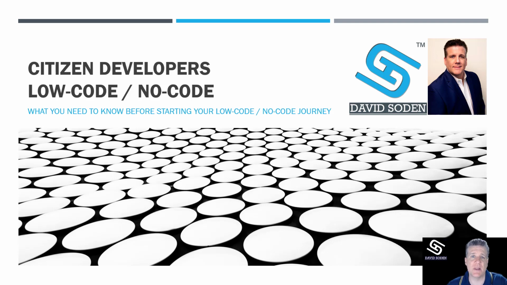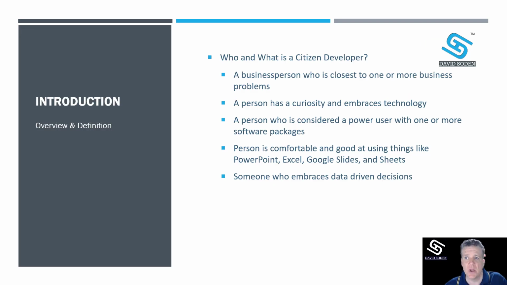To begin with that, I want to start with a couple of slides, and let's get into this right now. So you may be asking, what exactly is a citizen developer? Well, a citizen developer is essentially somebody who has a set of characteristics or traits. These are very common amongst groups of people in the business.